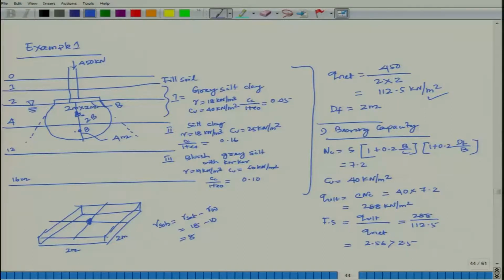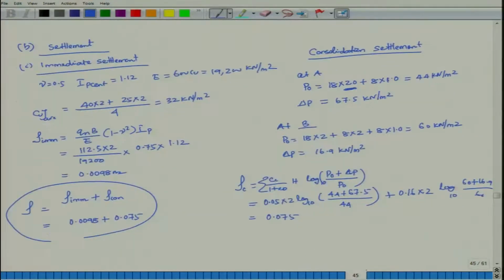From there factor of safety also I calculated, Q ultimate by Q net. Then immediate settlement as well as consolidation settlement has been calculated. For immediate settlement, Cu average has been considered because two layers are there, 40 into 2 plus 25 into 2 divided by total 4. So, that is your 32 kilonewton per meter square.